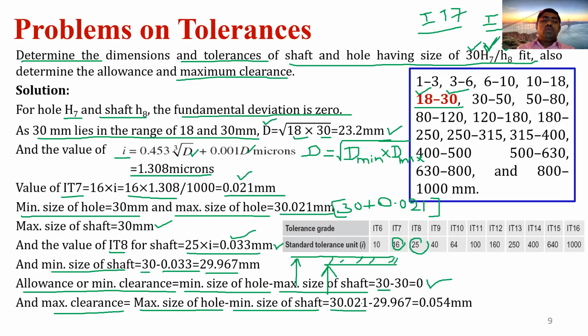High limit of the hole minus low limit of the shaft, 29.967. So we will get 0.054 mm as the maximum clearance. So in this way we have to solve the problem. For this, you need to remember the diametral steps and the standard fundamental tolerance units for the different tolerance grades.